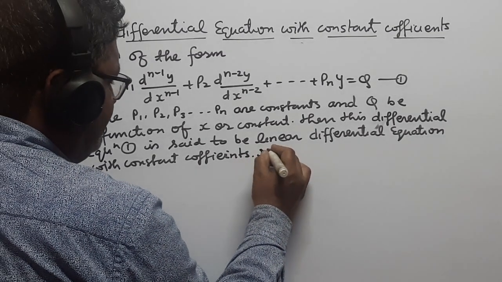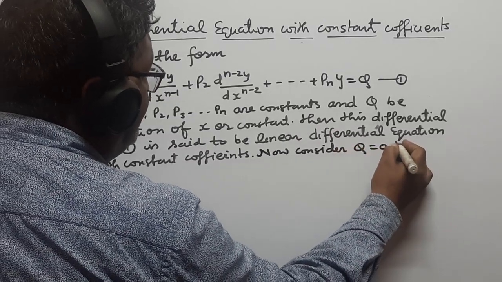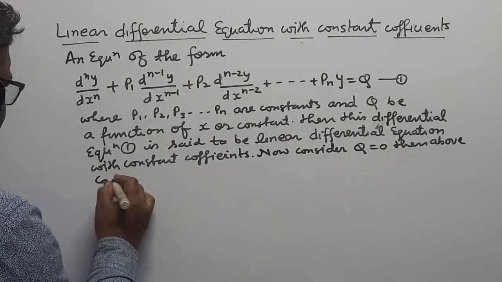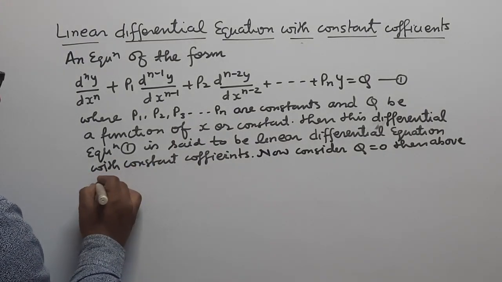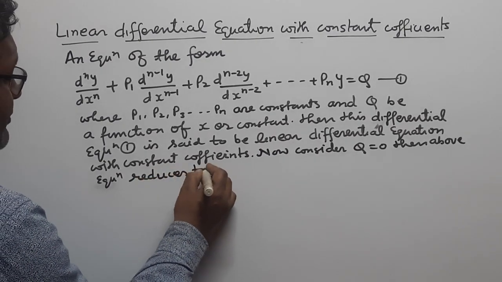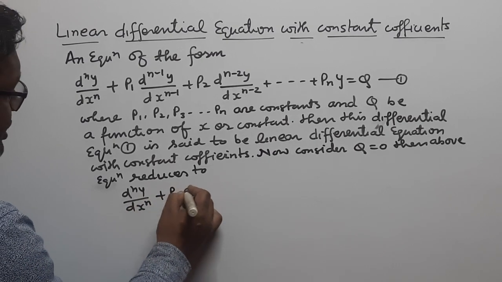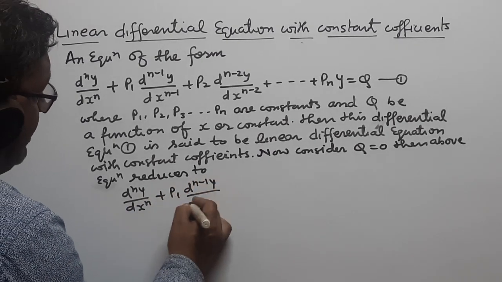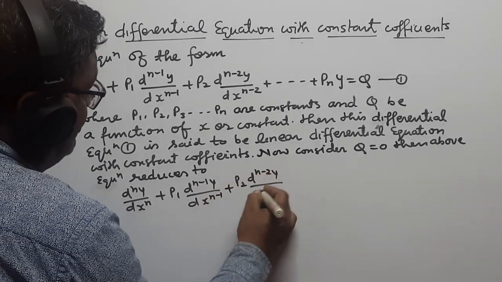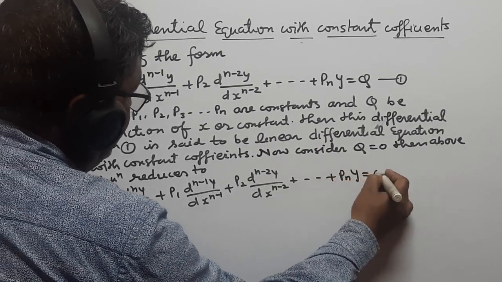Now consider q is equal to 0, then the above equation reduces to d^n y by dx^n plus p1 d^(n-1) y by dx^(n-1) plus p2 d^(n-2) y by dx^(n-2) and so on pn y is equal to 0.